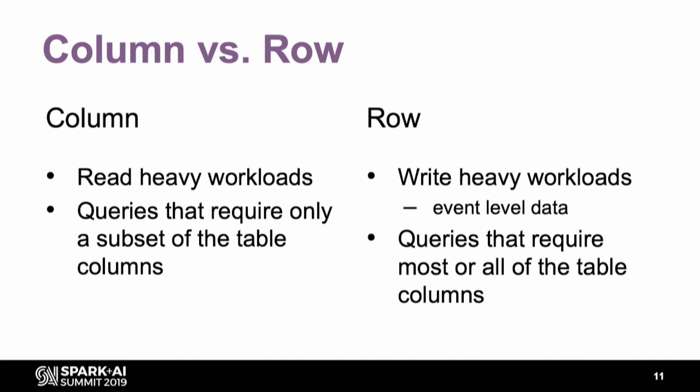From your perspective, what is the threshold for choosing the row format because the data is coming too fast and you can't use the other format? Is there a threshold, such as the number of writes per second?